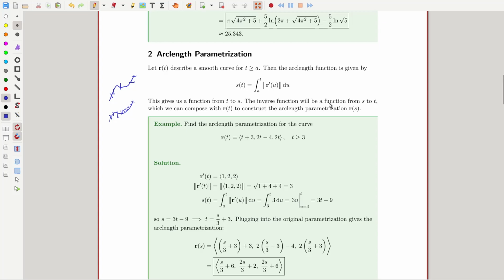So from the parameterization we start with, r of t, which is based around time, we can convert to a parameterization that depends on length. When we take the inverse function, we go from a function mapping time to length into one mapping from length to time. Then we compose: we do length to time, plug that directly into the r of t parameterization, and the resulting composite function is a parameterization from s to position on the curve.